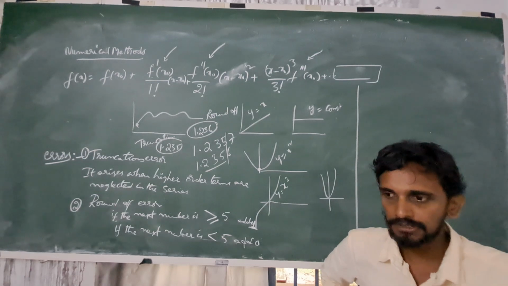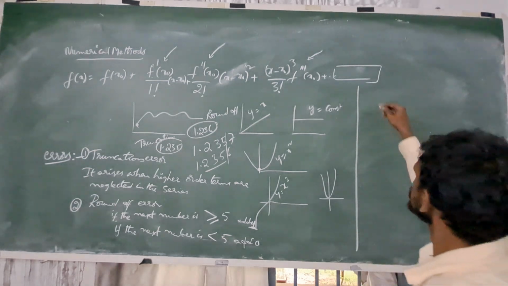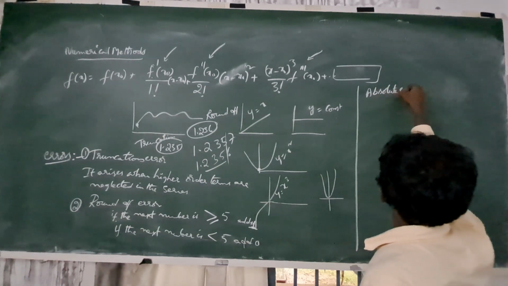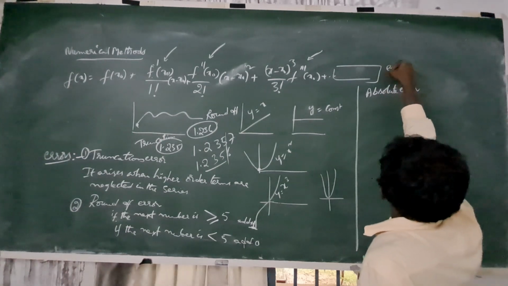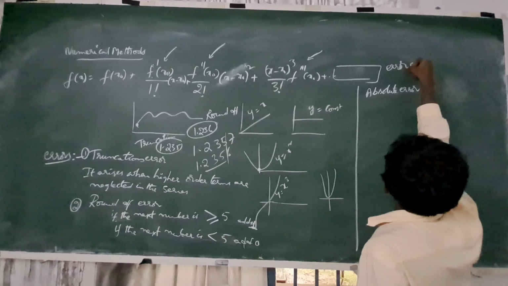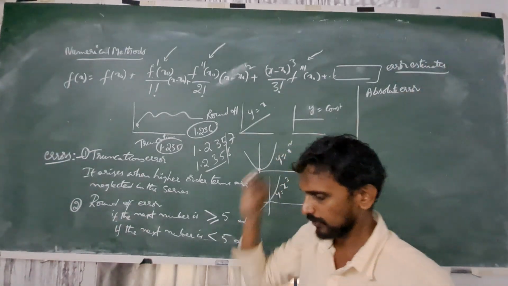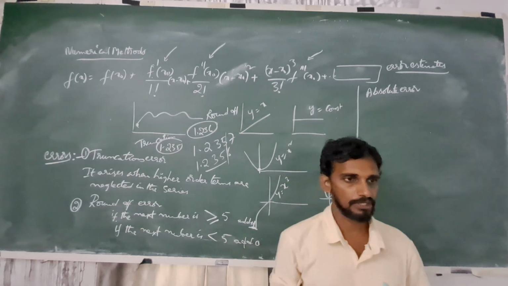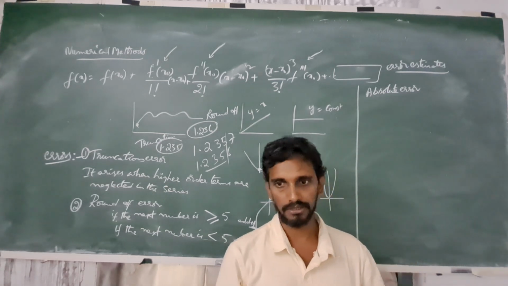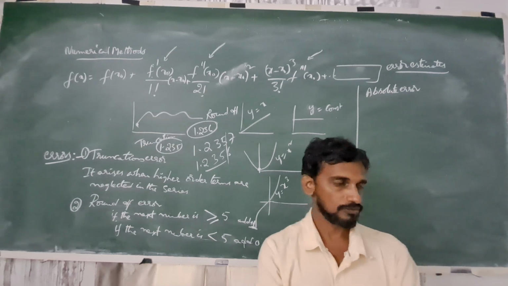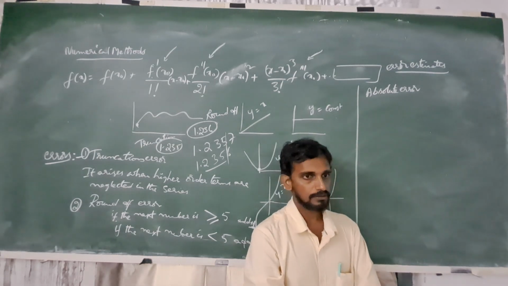So error estimations are 3 types. I'm talking about error estimations, how much you are giving a numerical value to the error. How much error is that? The first one is absolute error.